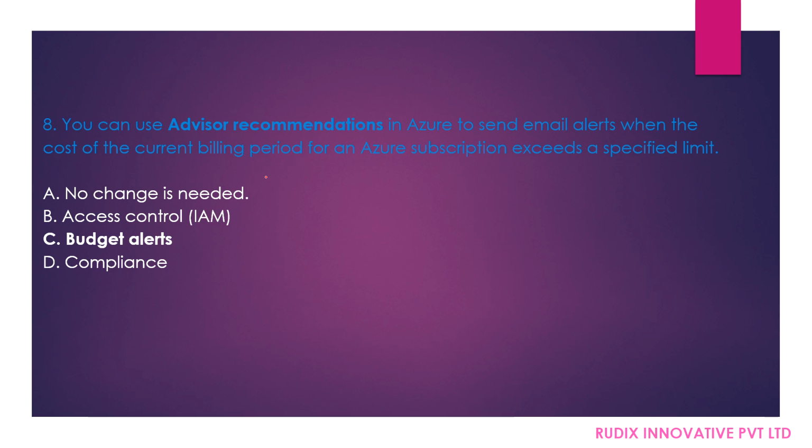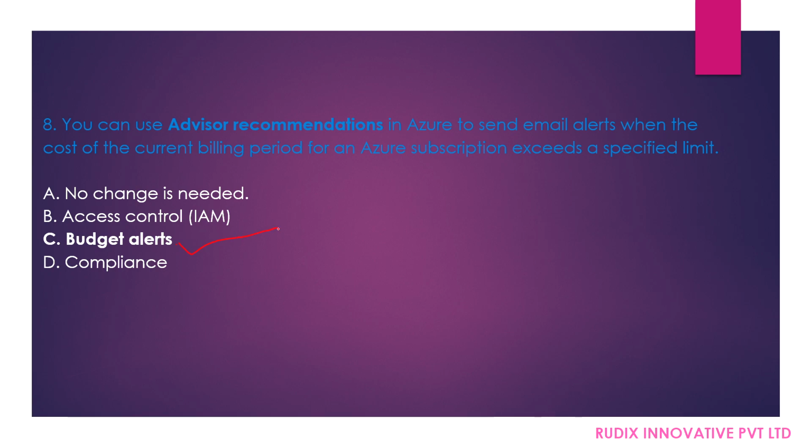So here, Advisor recommendations in Azure provide guidance and best practices to optimize your Azure resources, improve security, and enhance performance. For monitoring and managing cost, including sending email alerts when cost exceeds a specified limit, Azure provides a feature called budget alerts. So the answer is budget alerts.